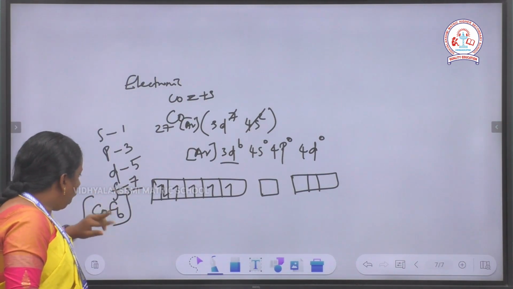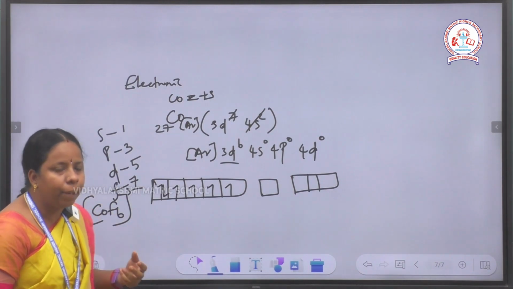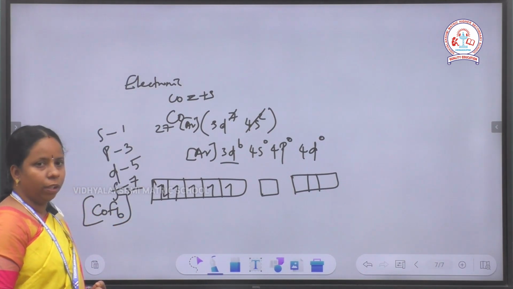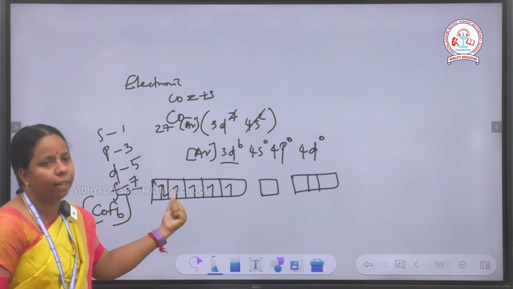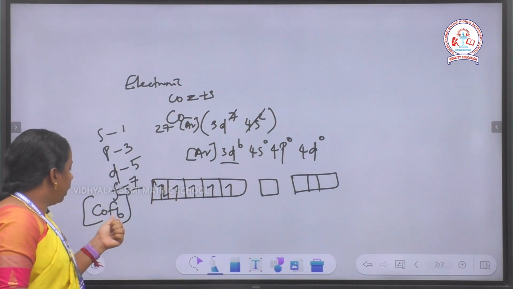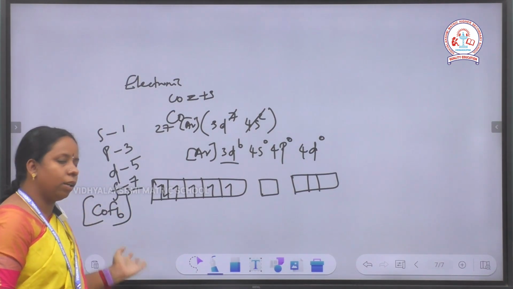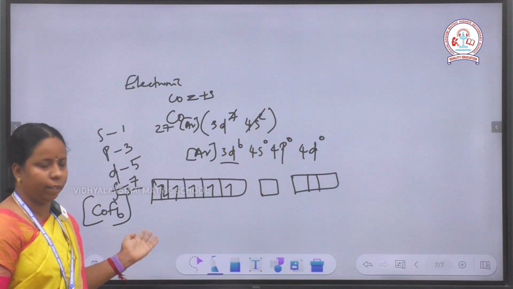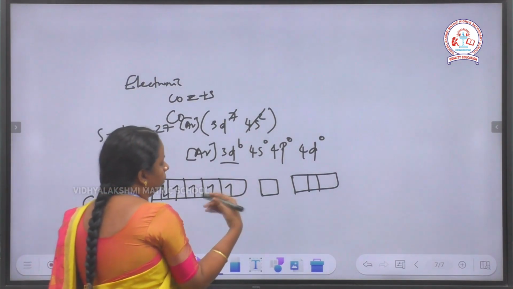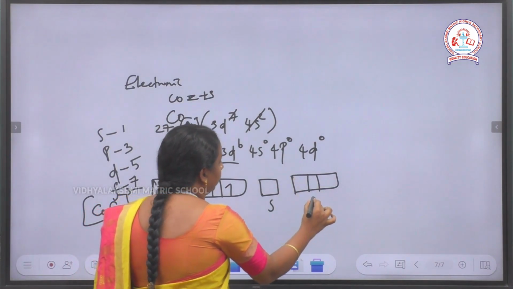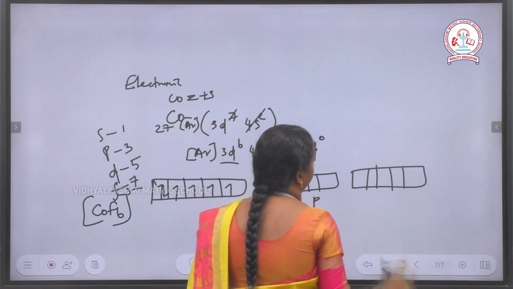Then ligand approach the metal. Each ligand donates a pair of electrons to the central metal atom. So how many ligands are there? Totally 6 ligands are there. 6 ligands mean 6 orbitals are required. So suppose 1 s orbital, 3 p orbitals, d orbital is also present, but no electron will be there.